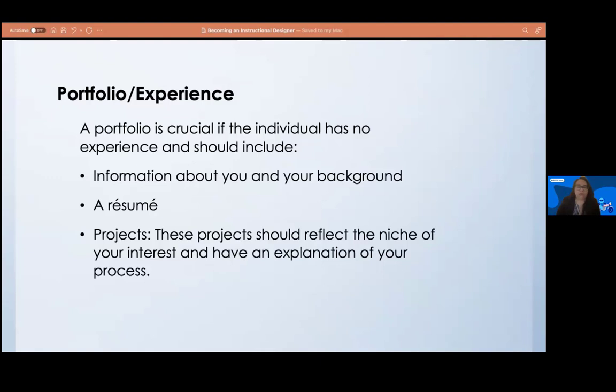And you have to explain your process on how you developed this project and why you made the decisions you made. That will show your future employer your understanding of the theories that we talked about before.